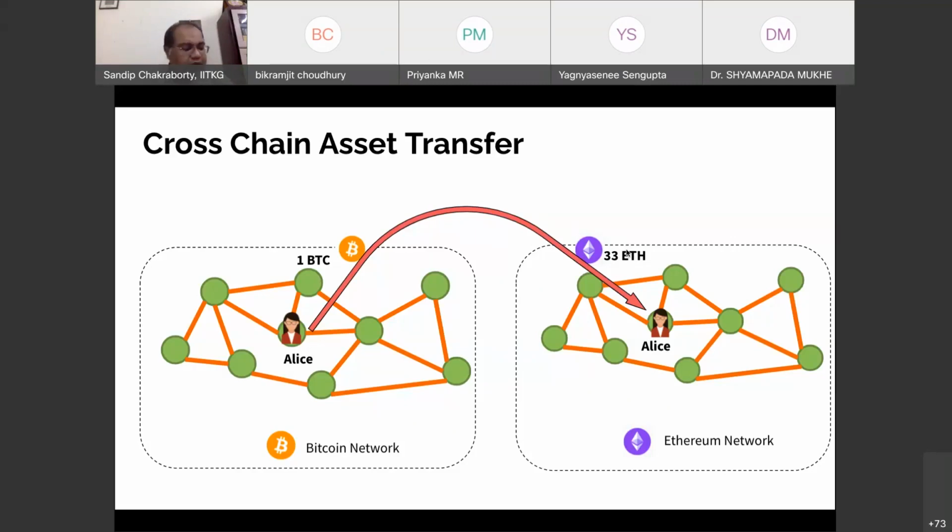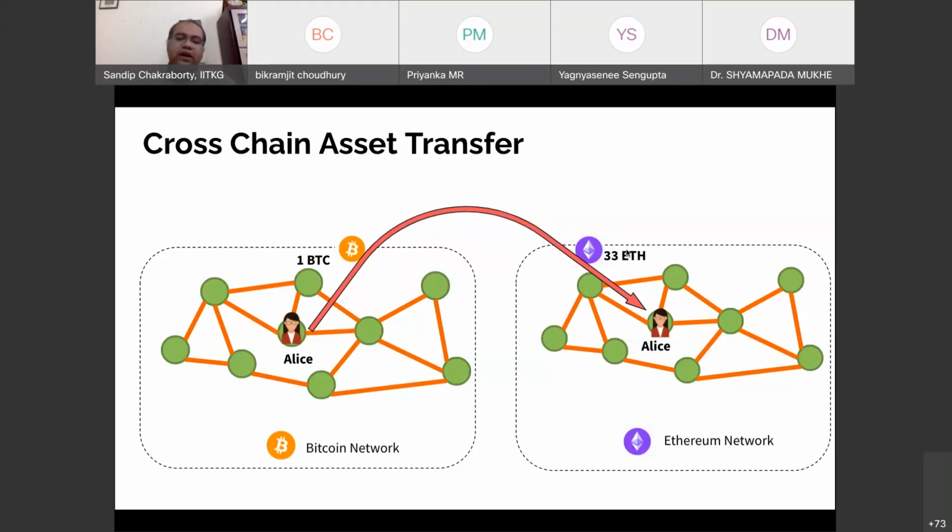But how can we do such kind of transactions on top of a blockchain-based architecture? In our normal market, the banks are the authorities who do that. But in blockchain networks or cryptocurrency networks, we try to get rid of such a banking system.